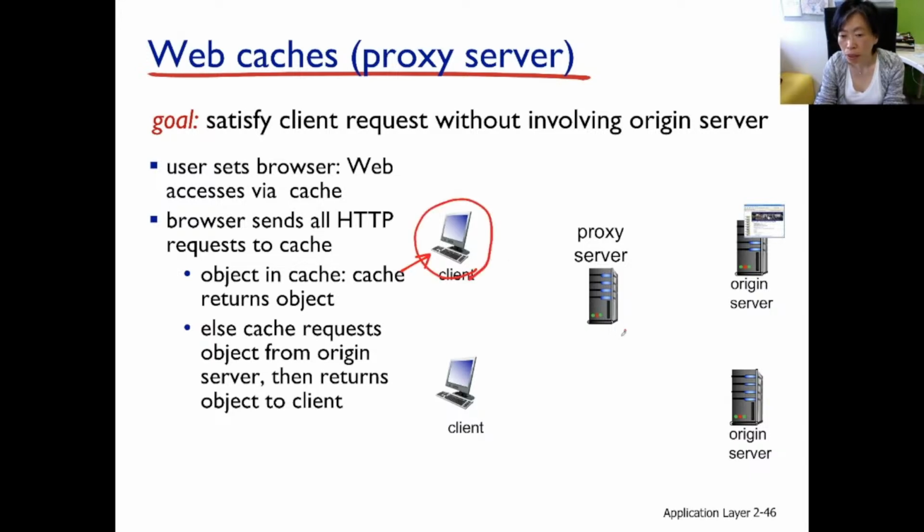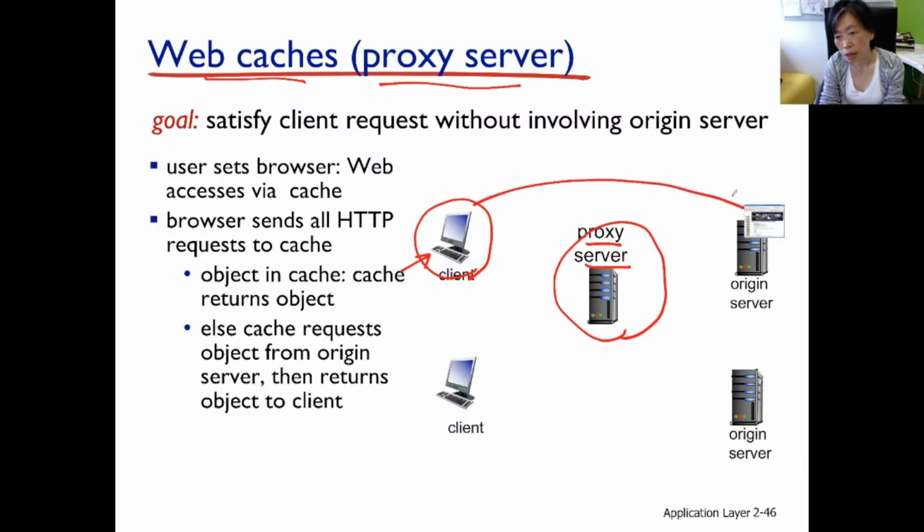But now we keep a copy of the object here in the web cache, also known as the proxy server. And in conditional GET, we still need to send HTTP requests to the original server. It's just that the original server decides whether to send the object with it or not in the response. Sometimes yes, sometimes no. So we save a little bit of delay and bandwidth this way.